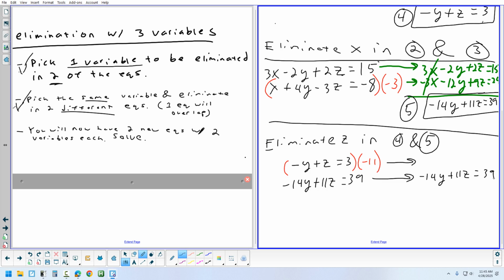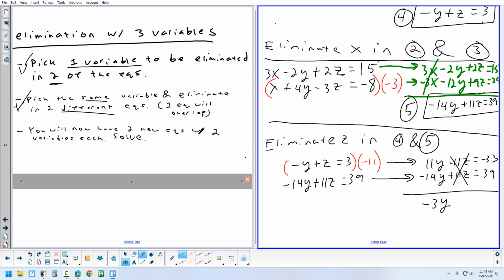And what do you get when you multiply the top by negative 11? 11y minus 11z equals negative 33. Add them up. Okay, z's are gone. What's 11y minus 14y? Negative 3y.